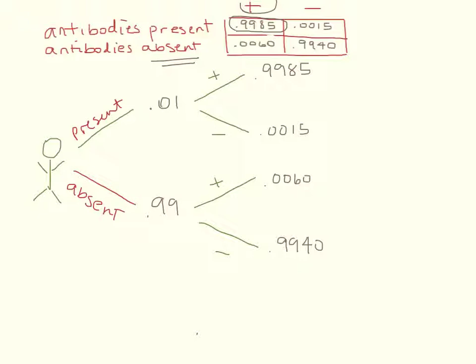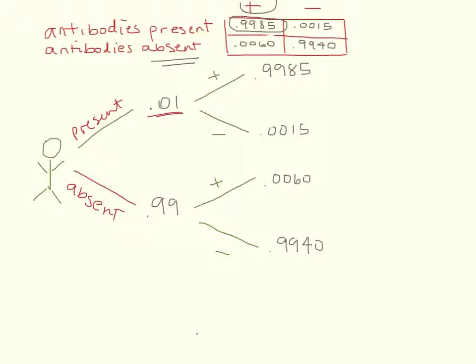The 0.01 and the 0.99 are from the information given in the problem that 1% of the population has the antibodies. The way the tree diagram works is that we just multiply straight across.